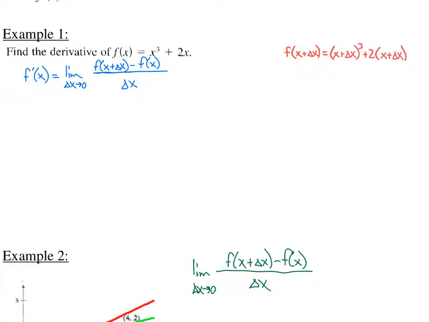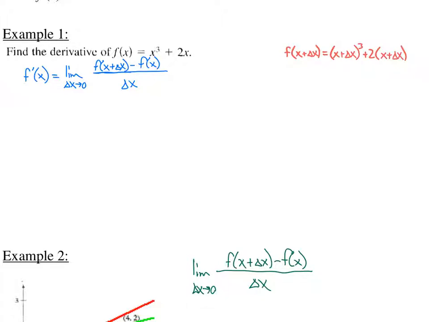All right? Now, before I put this in the formula, let's simplify it. What do I have to do to simplify this? Expand it. All right? You remember your binomial expansion from last year? Pascal's triangle?